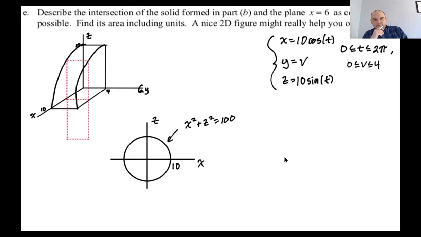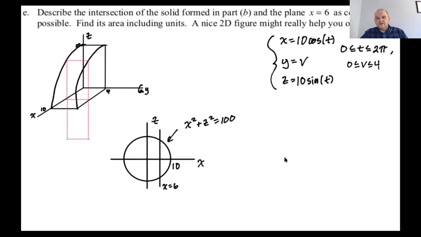Now I'm going to let x equal 6. I'm going to take a vertical line at x equals 6.